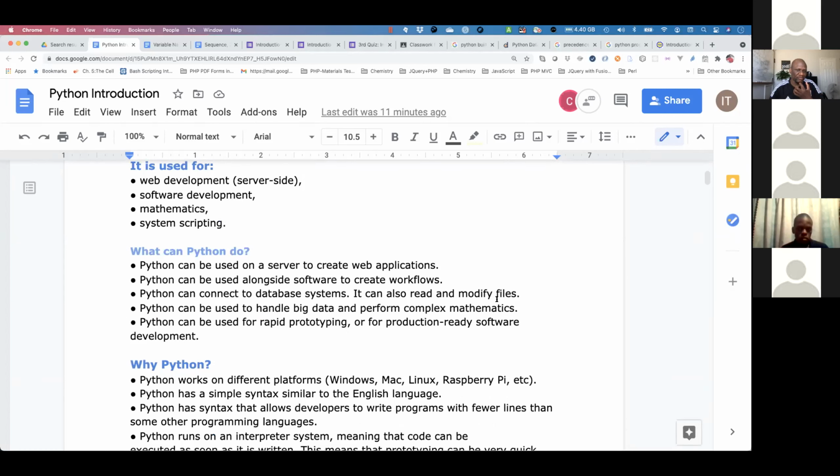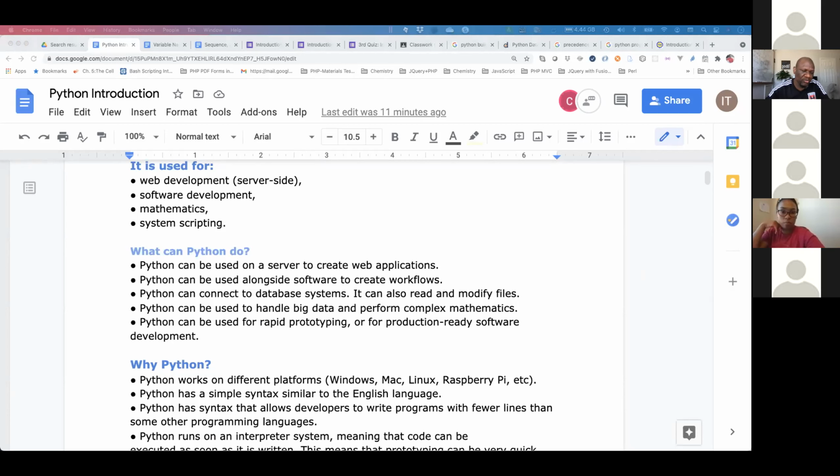That's the question. This will help us answer some of the things which we probably already know, but it will go into the details of getting to know them better. Python can be used on a server to create web applications. Python can also be used alongside software to create workflows.